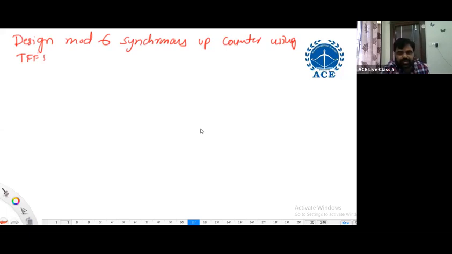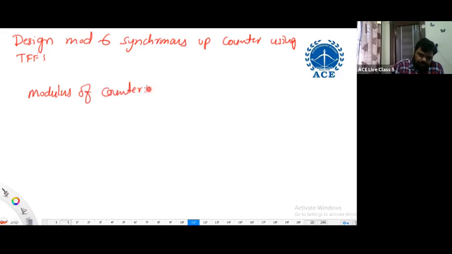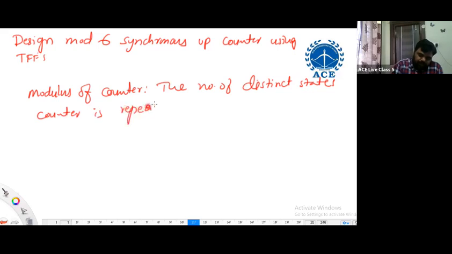Mod 6. What is it? What is the modulus of a counter? The modulus of a counter is the number of distinct states the counter is repeating.